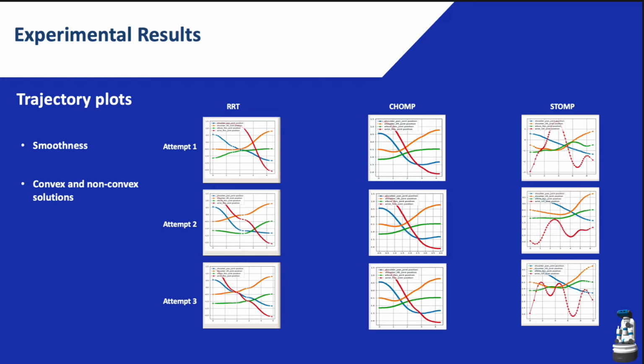On the other hand, RRT and STOMP give a different solution in each attempt. When it comes to smoothness, we can easily observe from the plots that CHOMP is the one that generates the smoothest trajectory, followed by RRT, and the last one is STOMP.